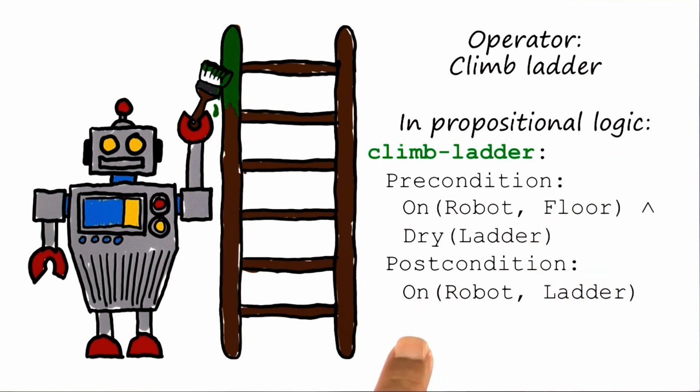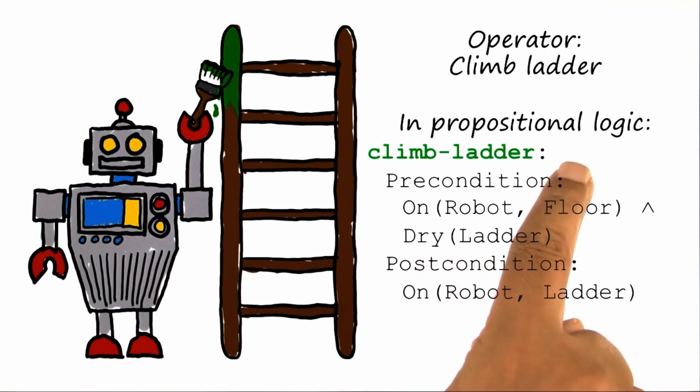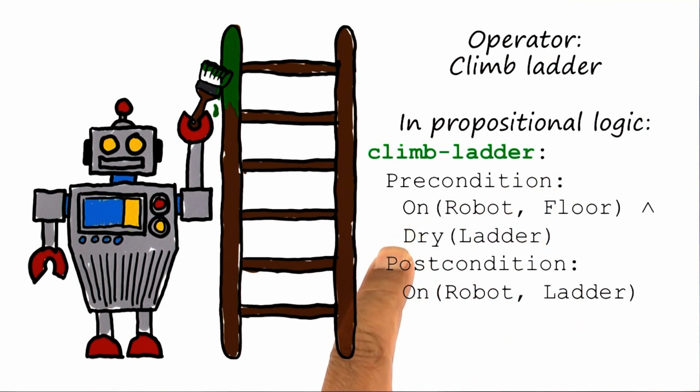This captures the syntax of the operator climb ladder. The semantics of this operator is that this operator can be applied if and only if the preconditions of the operator are true in the world. It cannot be applied if the preconditions are not true in the world.